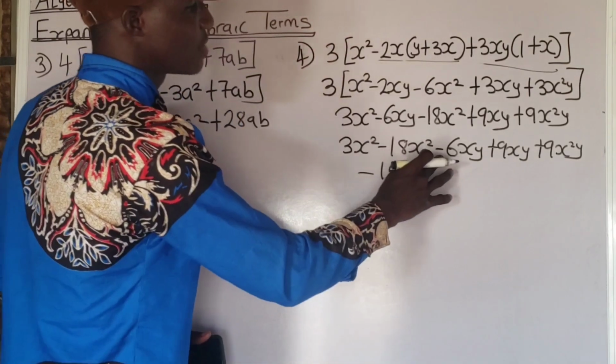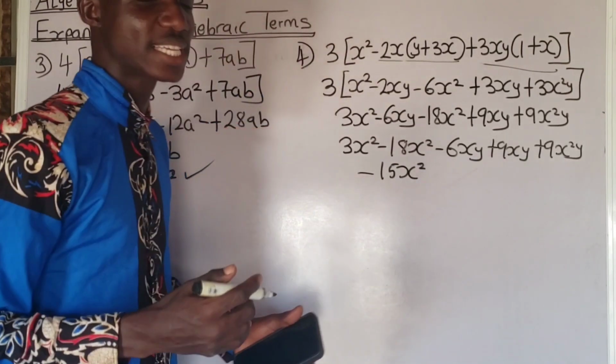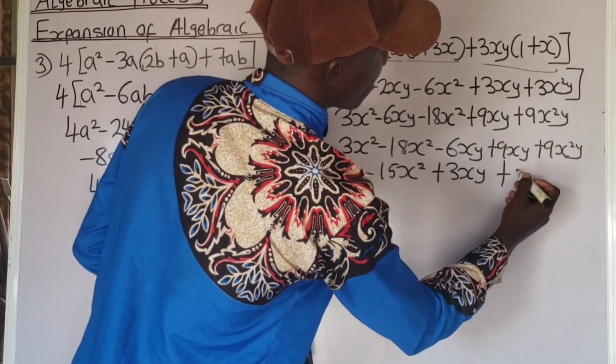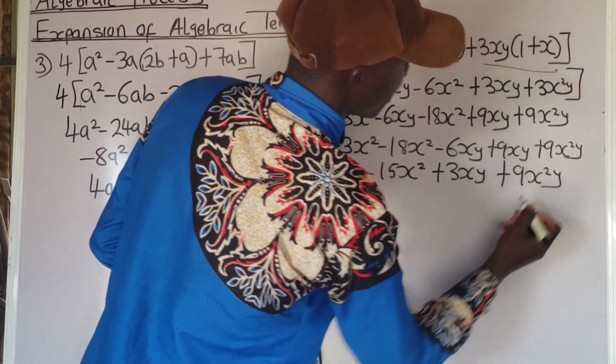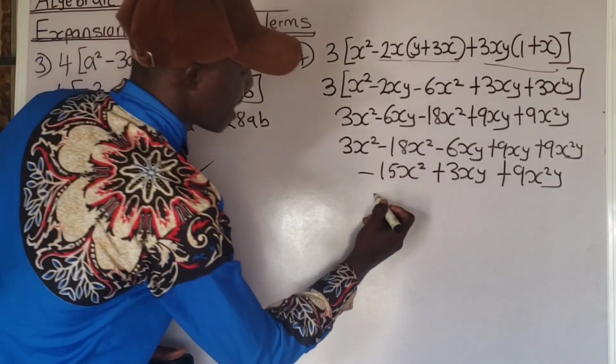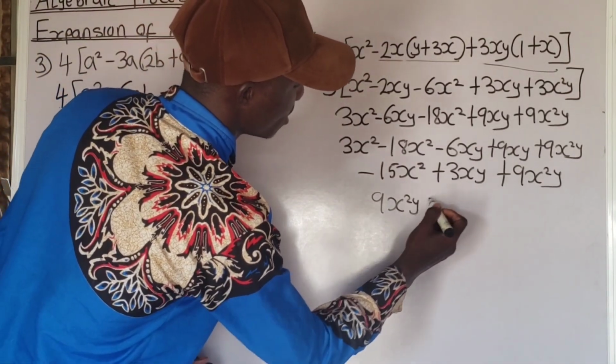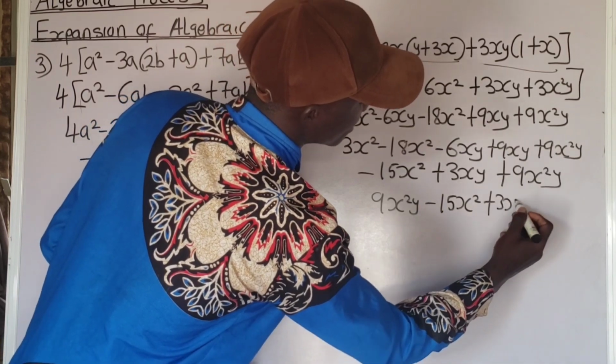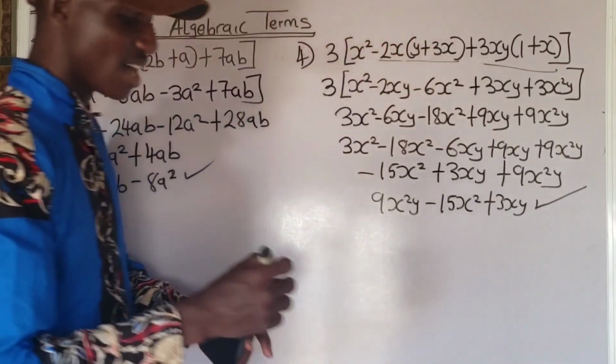Negative 6xy, positive 9xy will give me positive 3xy. Then, I'm going to have 9x squared y. Now, this can be rearranged as 9x squared y minus 15x squared plus 3xy. Okay? That is the answer.